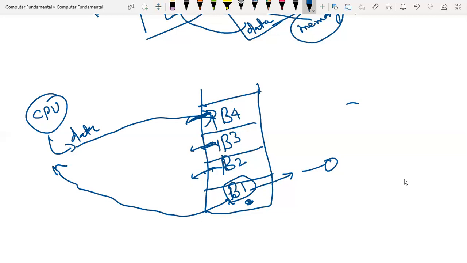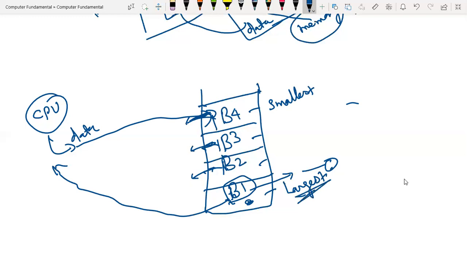Take the first book, that is book 4, and you bring it. So all these locations do not take an equal amount of time. This one has the smallest access time, and in this example, this one takes the largest time.